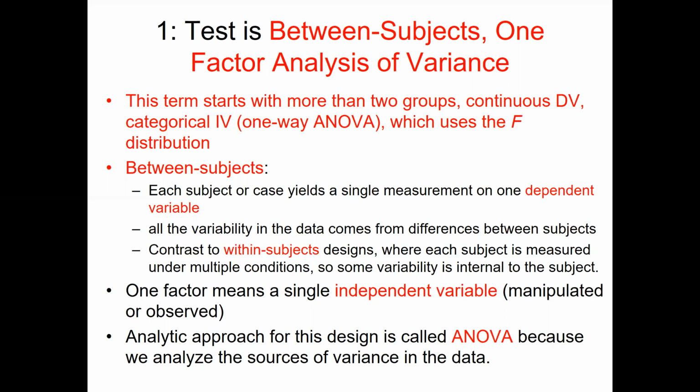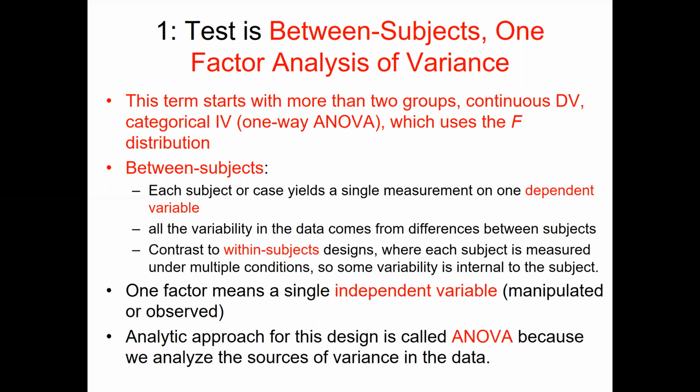It tests against what's known as the F distribution, which we'll look at in a minute. And the ANOVA test is one factor. That means that you have one independent variable, one X variable, and it has more than two levels. The dependent variable must be continuous.